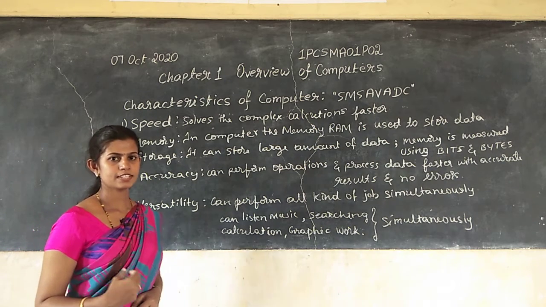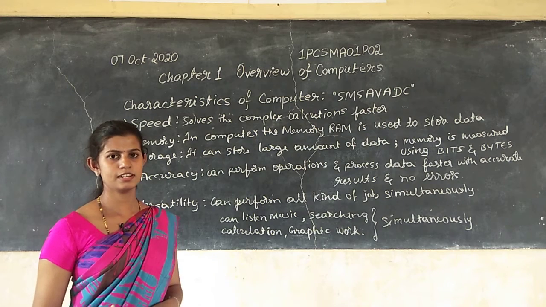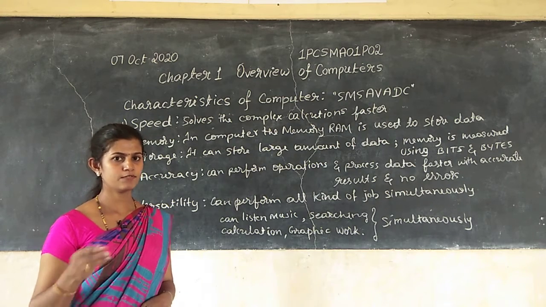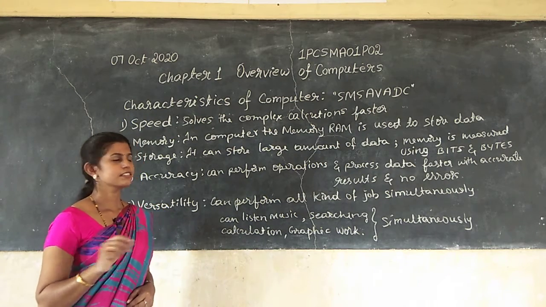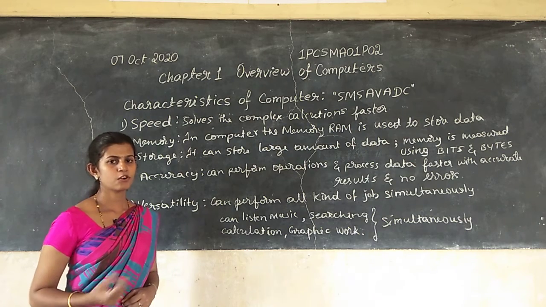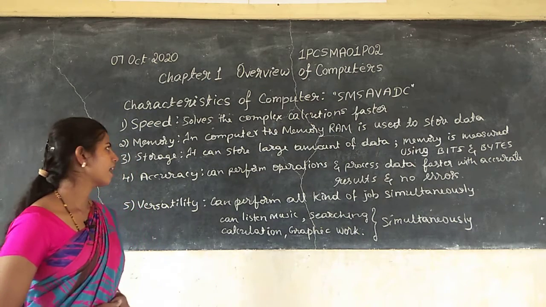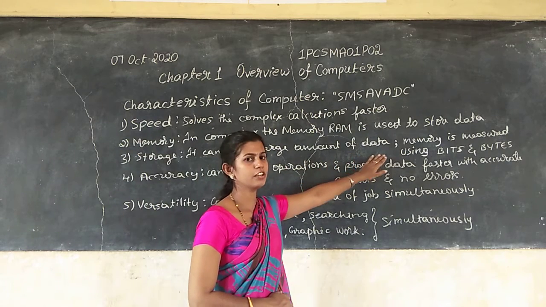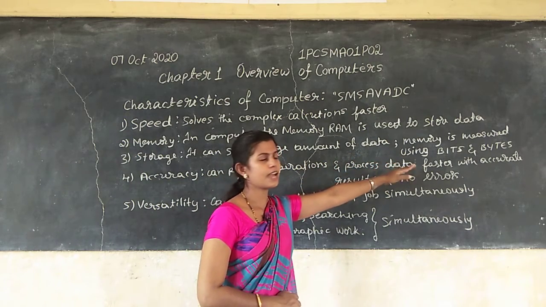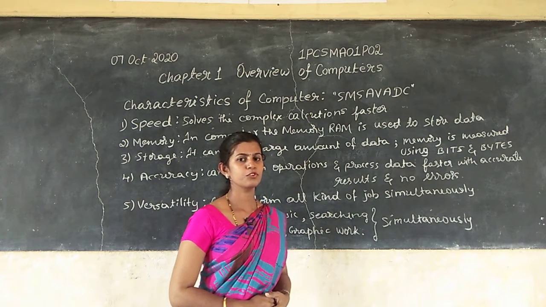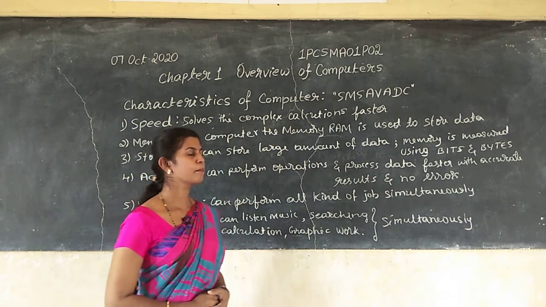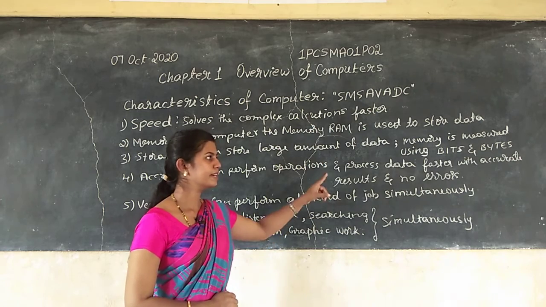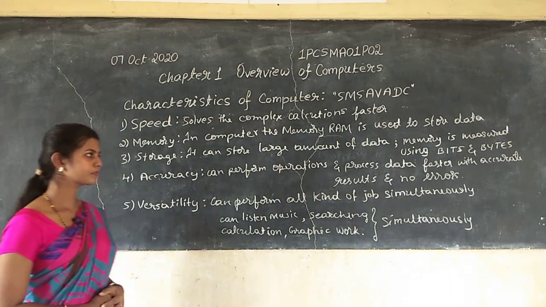When the computer gets the data, it will process it, and the processed information will be stored in the secondary storage device for future use. And the computer memory is measured using bits and bytes.